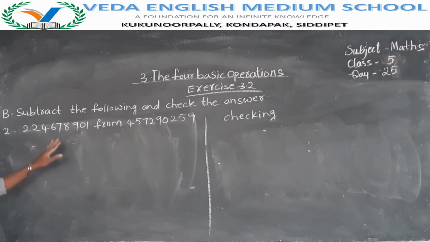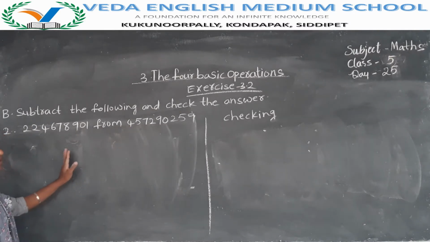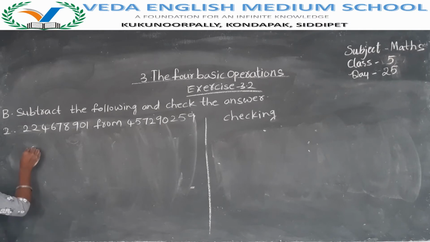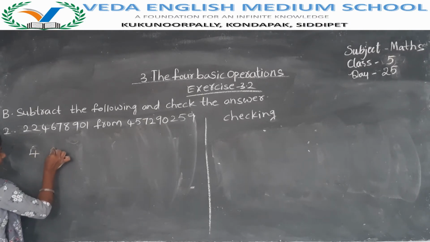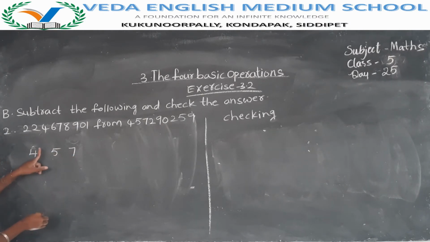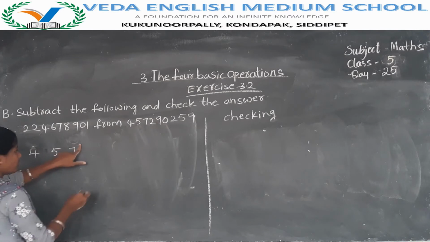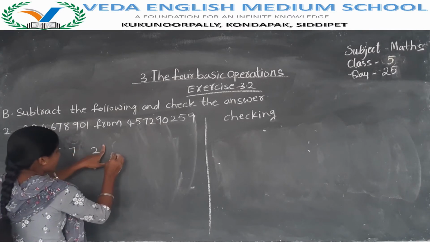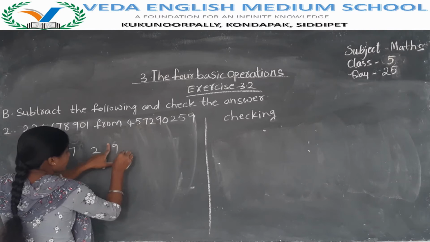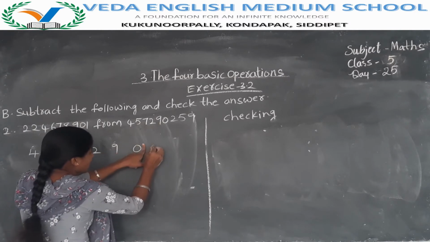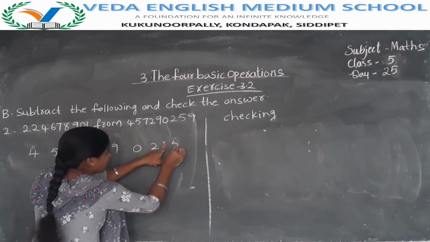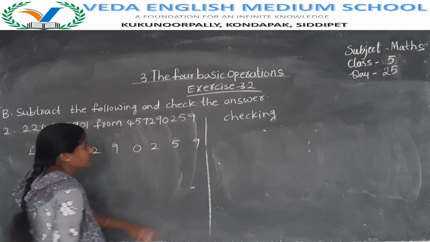Now we have to subtract from this number to this number, so write that number first. 4 5 7. Just now I said you have to write with finger gap. 4 5 7 finger gap, 2 finger gap, 7 2 9 finger gap, 0 finger gap, 2 finger gap, 5 finger gap, 9.